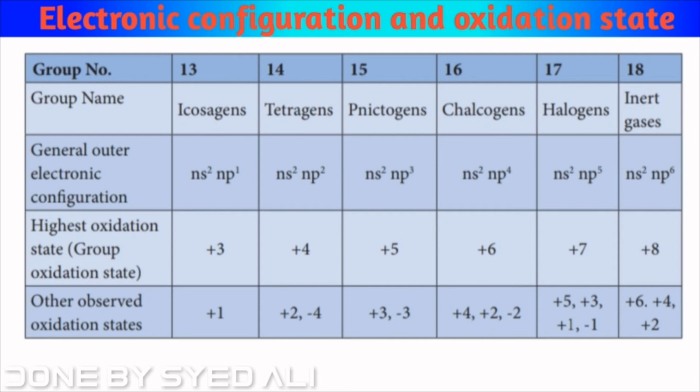Inert gases or noble gases means the elements of group number 18, which have a completely filled outermost shell based on the 2n² formula you all studied in 11th standard.